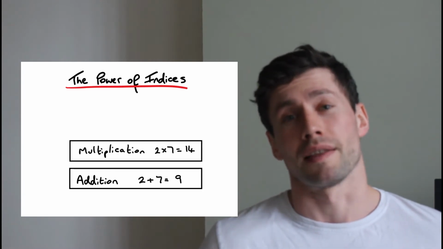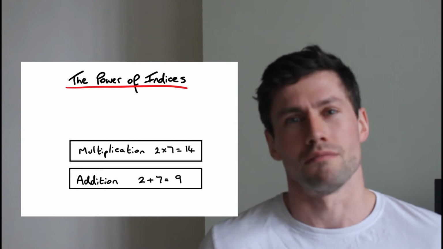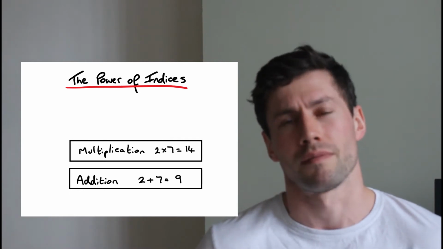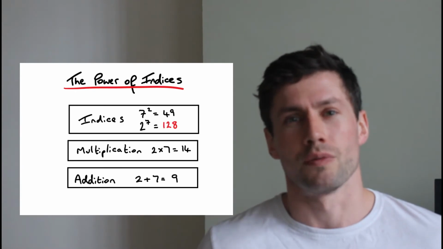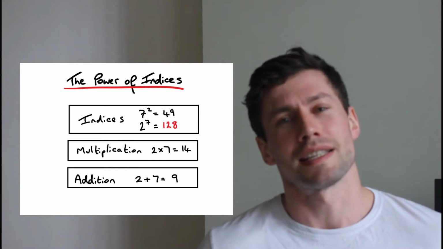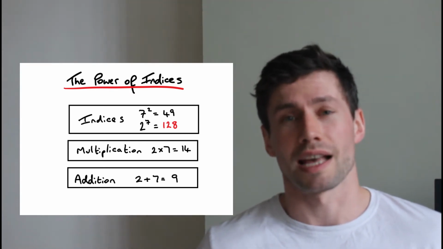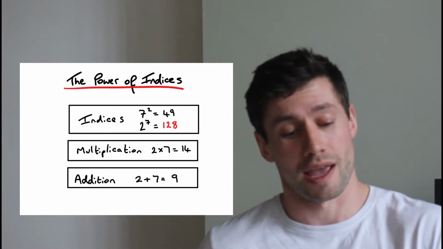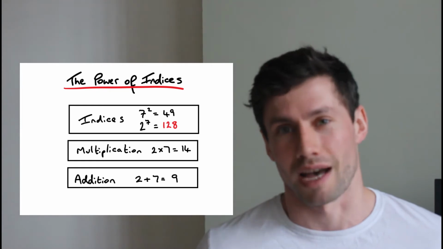If you were to multiply these two numbers, you would multiply 2 and 7 and you would get 14, which is better. So multiplication is more powerful than addition. But if you were to use powers, say 7 to the power of 2, you would get £49, which is a lot more money. Interestingly here, 2 to the power of 7 would give you even more money, as 2 to the power of 7 is 2, 4, 8, 16, 32, 64, £128.